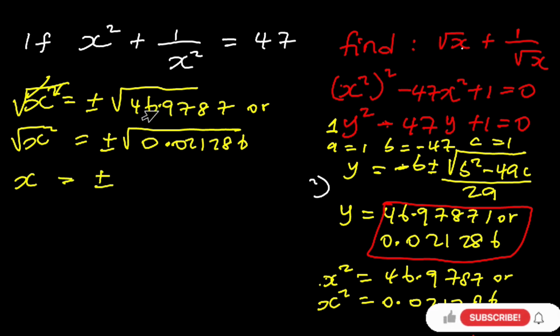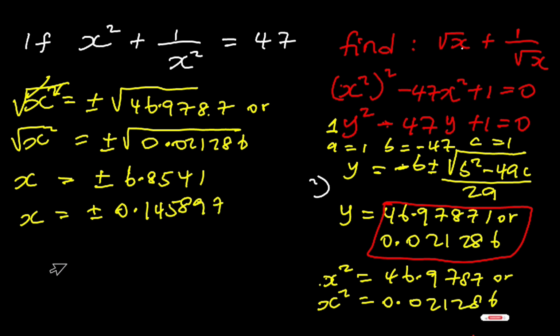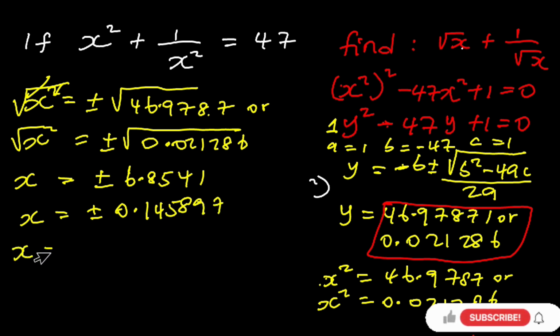If you punch that in your calculator, you're going to get x equal to plus or minus 6.8541. For our second case, if you plug root 0.021286 into the calculator, you're going to get plus or minus 0.145897.